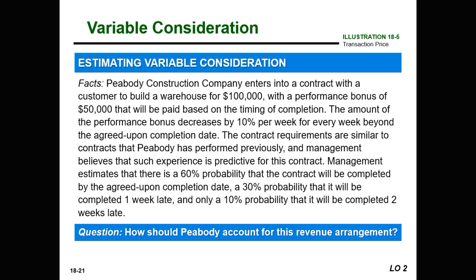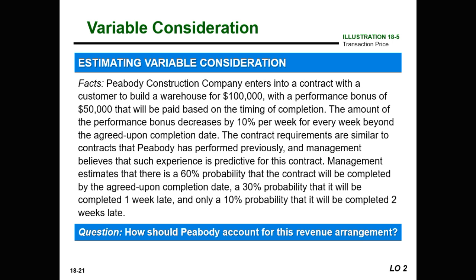Well, this is kind of a fussy and messy revenue situation. We have the $100,000 of the contract itself, and then we have the performance bonus of $50,000. And that is completely based on timing and completion. This is not unusual, and in fact, a lot of very large products will have performance bonuses.